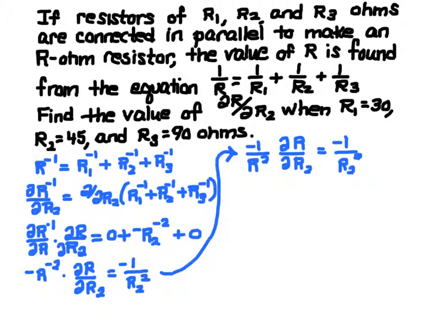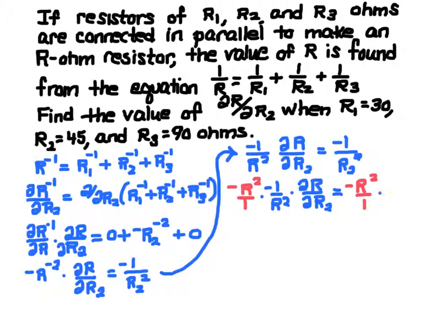And so I'm going to multiply both the sides, the left and the right, by a negative r squared over 1. So then we have, that's times a negative 1 over r squared times the partial derivative of r with respect to r sub 2. And on this side, I'm also multiplying it by a negative r squared over 1.